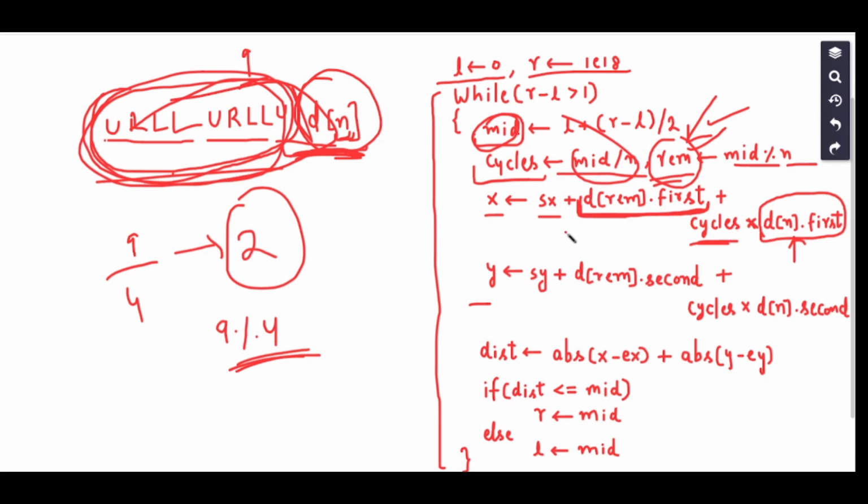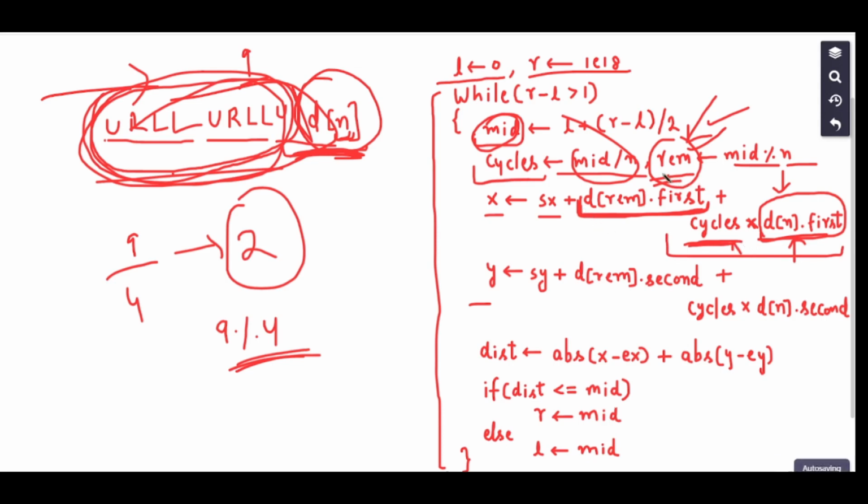I'm just calculating this due to the wind. If I go over the given string exactly once, this will represent the final position. While we have to move over the string multiple times, cycles number of times, if I multiply this unit by the number of cycles, I would get my final x coordinate after moving through that many cycles.